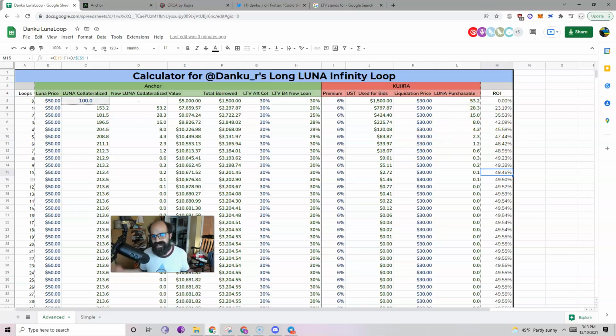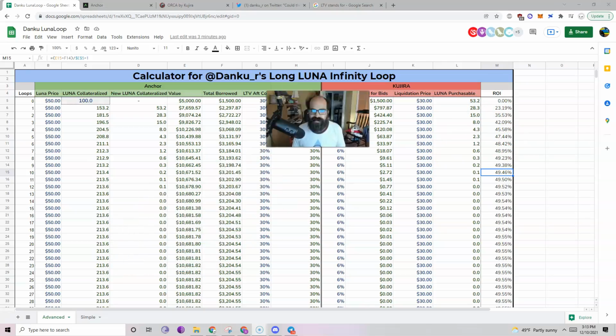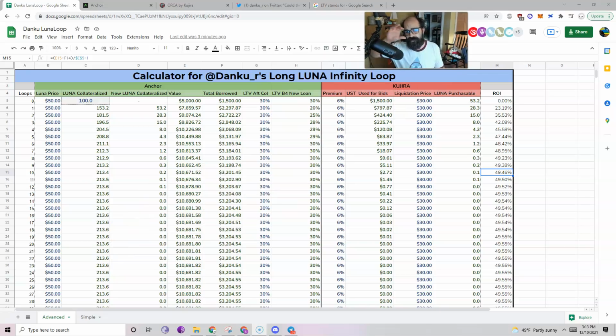Okay, I know this is kind of like a technical video, and this video may be a bit difficult for some people. The basic, super easy to understand idea here is that you go to Anchor, you collateralize your Luna, turn it into bLuna, then you borrow 30% UST against the value of your bLuna.